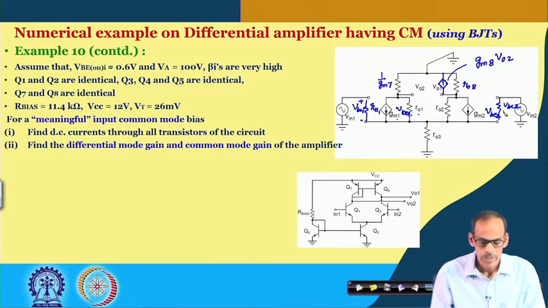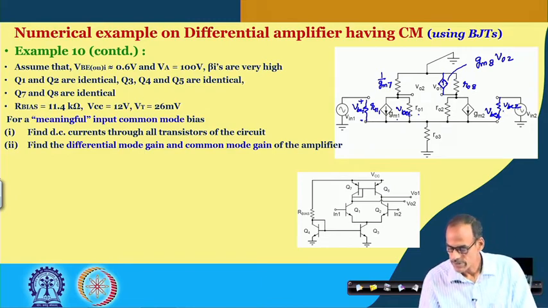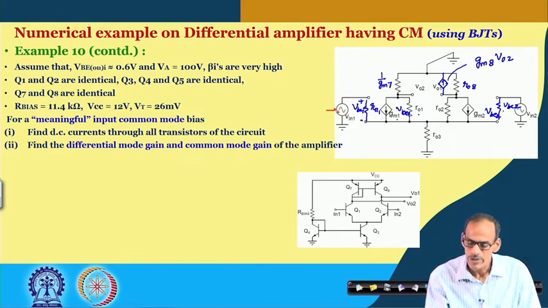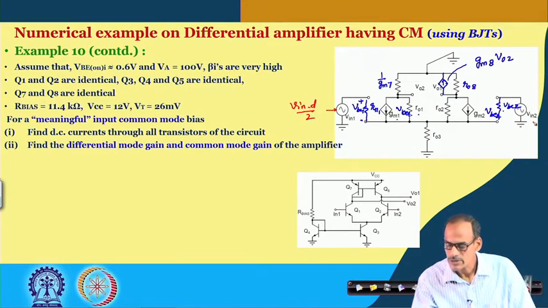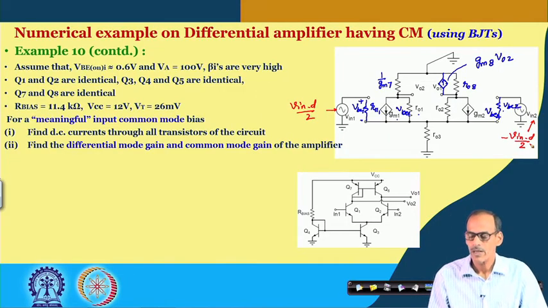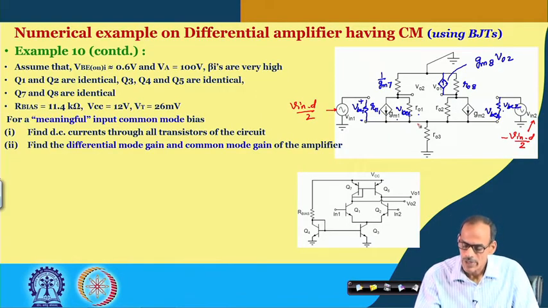And to get the differential mode gain, we can make this voltage equal to Vin,d by 2, and this voltage on the other hand minus Vin,d by 2. And in fact, this is a common node. The impedance looking into this device and this device, if I ignore this part, strictly speaking they are not the same.